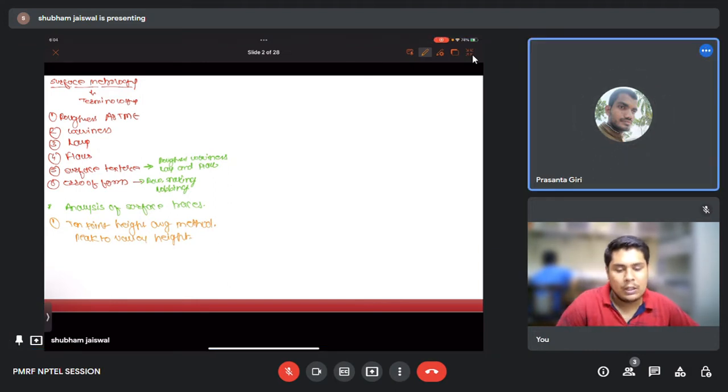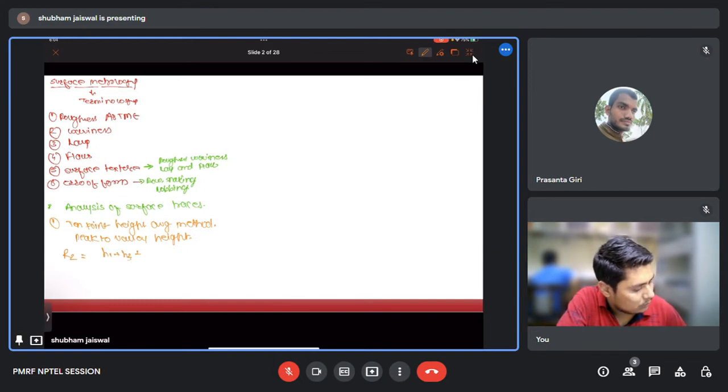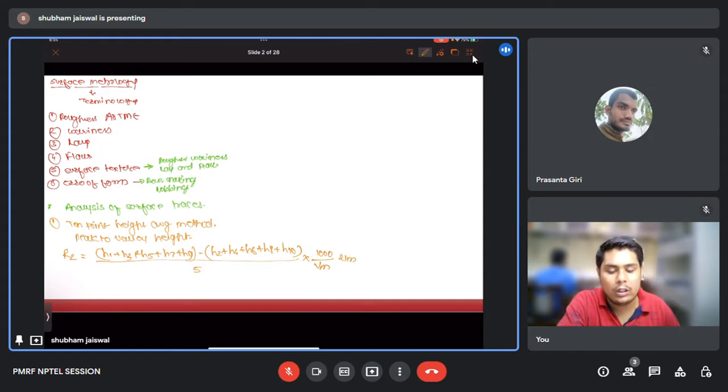In the 10 point method, we take 10 points, like 5 peaks and 5 valleys, and we take the average. So Rz is nothing but the sum of these heights divided by 5 into 1000 and the vertical magnification, and this gives values in terms of micrometer.